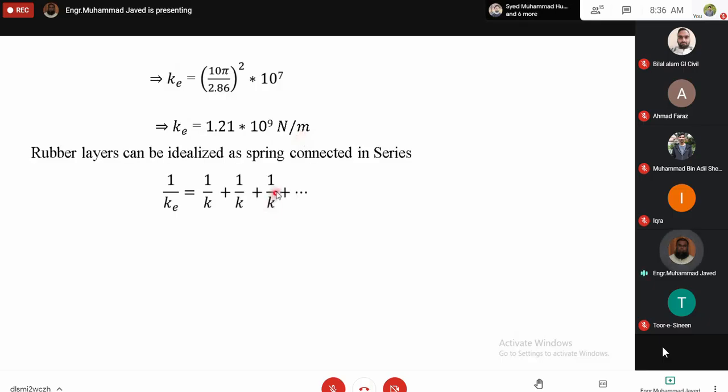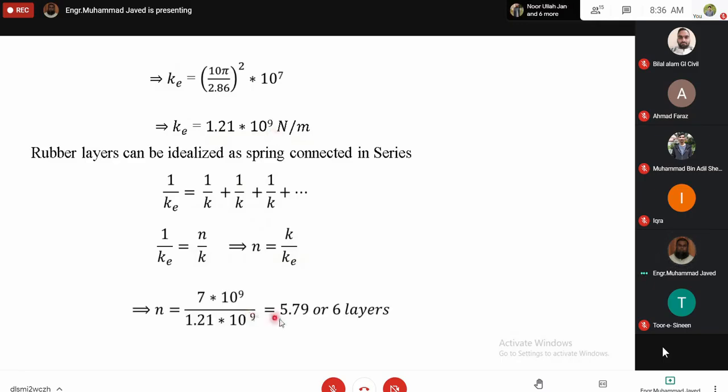So if there are n number of layers in this bed, the summation of the right hand term will be n by k, or n is equal to k by ke. Now k is provided, ke is just calculated, so we can calculate n, which is 5.79, which can be rounded to 6 layers.